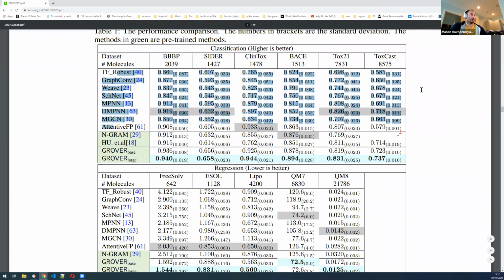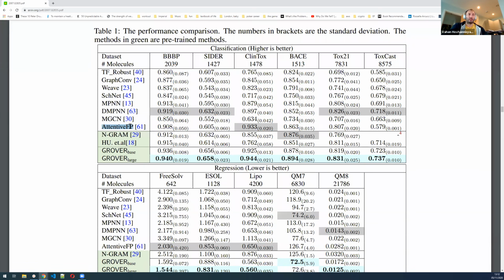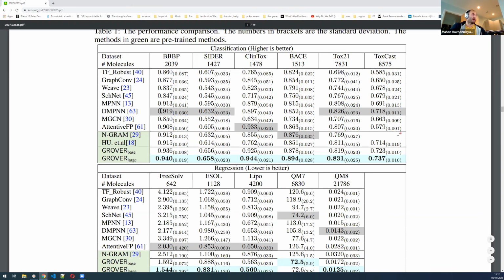Okay, so those are just like normal training algorithms. So graph convolutions, and AttentiveFP is an extension from graph attention networks. The others I'm not familiar with, to be honest. But those are here for reference. Okay, and they highlighted the state of the art for each database in gray.